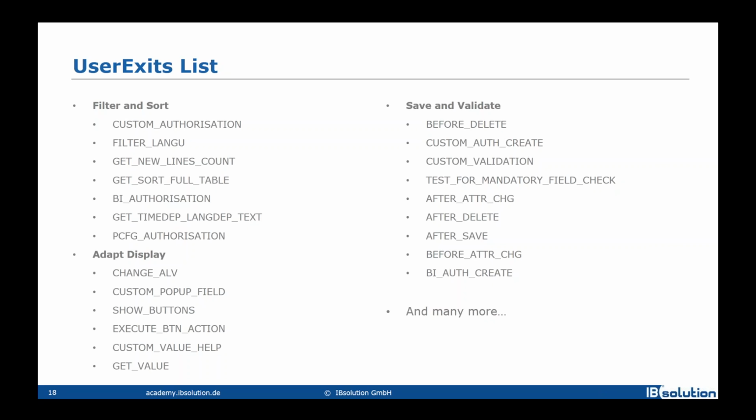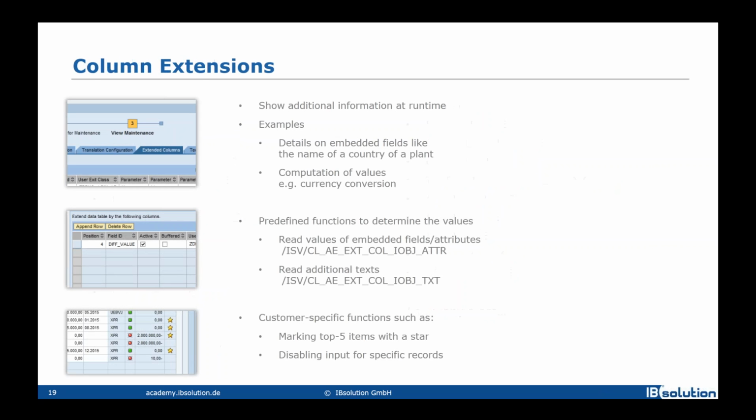The other advanced feature is the column extension. I have already talked a little bit about it. It allows you to show additional information, like on the bottom left side, the green or red lights that tell you if something is missing or if the line is actually complete and valid.